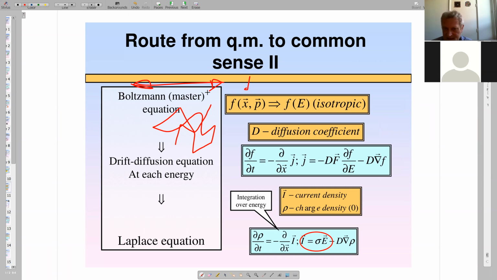We assume elastic scattering. So the filling factor becomes a function of energy. Right. And under these circumstances, we can write an equation for this function only. And that is something which you also in principle know from other courses. This is the drift diffusion equation. Drift diffusion equation.